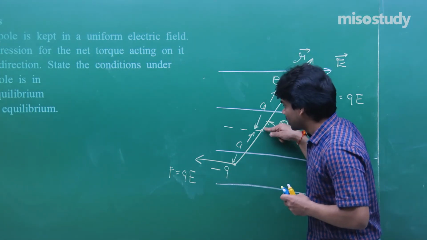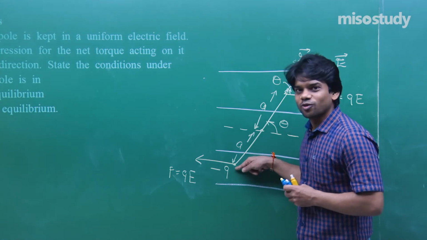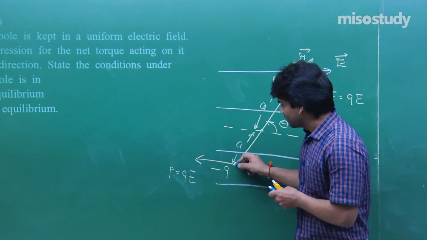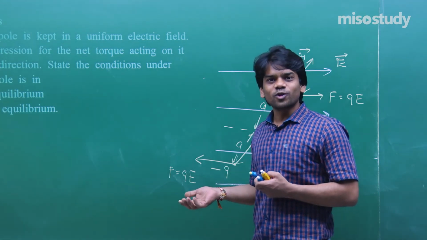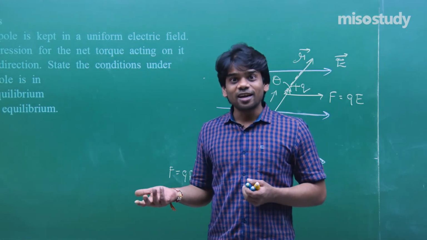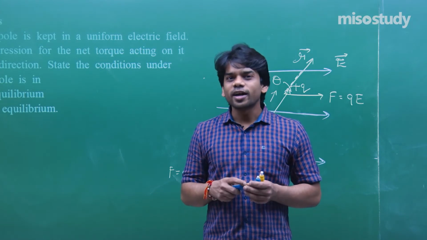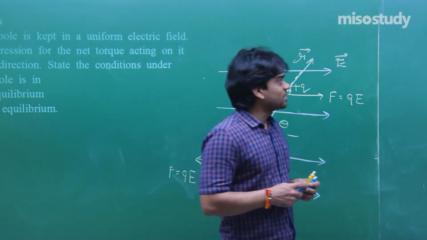R will be the vector from the center to the point of application of force, this R vector. So I am showing R cross F, both senses of torque along the same sense. You can directly add R cross F, that will give you RF sine theta plus RF sine theta.